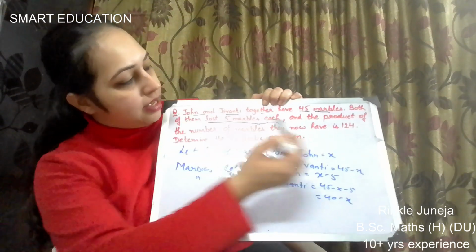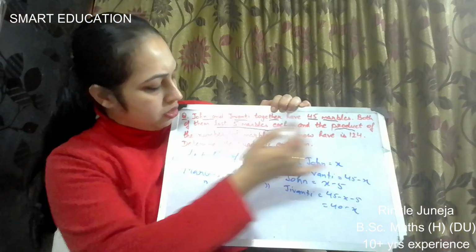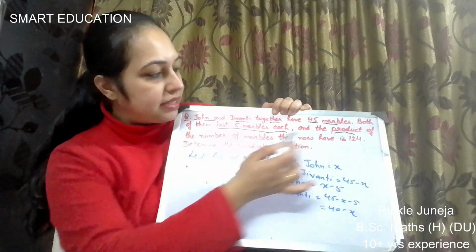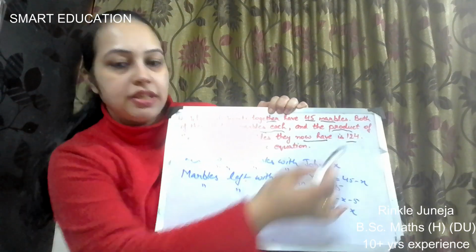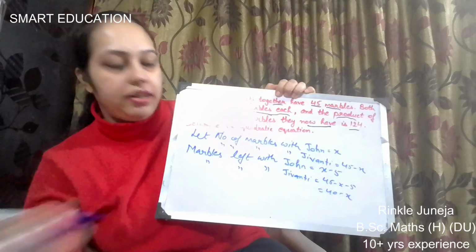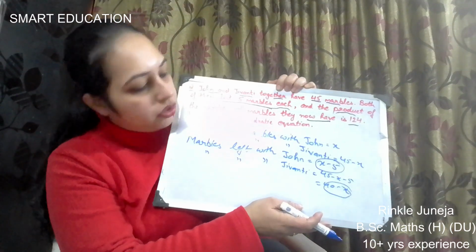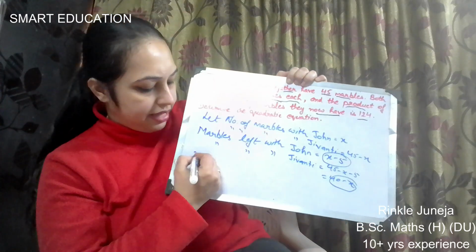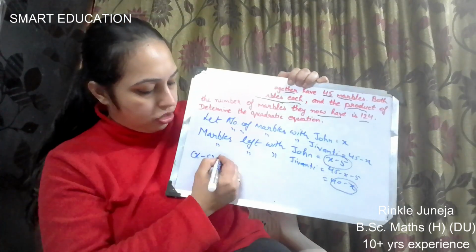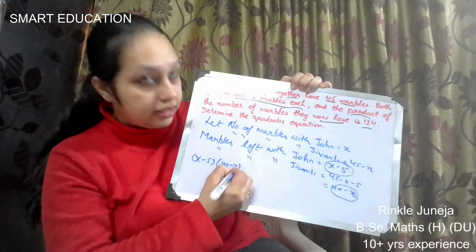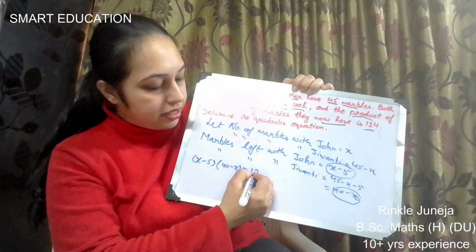Then it says that the product of the number of marbles they now have is 124. Product, that means now they have x minus 5 and 40 minus x. So x minus 5 into 40 minus x is equals to 124.